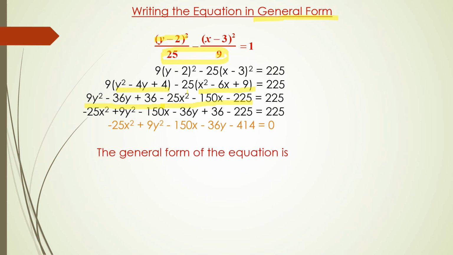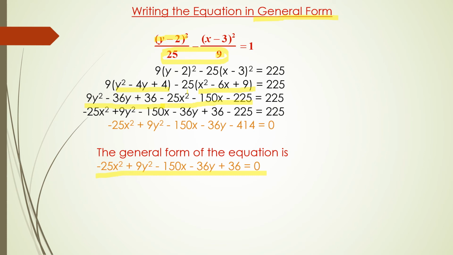Okay, so the general form of the equation is negative 25x squared plus 9y squared minus 150x minus 36y plus 36 equals 0. Again, you can also multiply it by negative 1, but make sure that while doing that, you can return to the original equation.